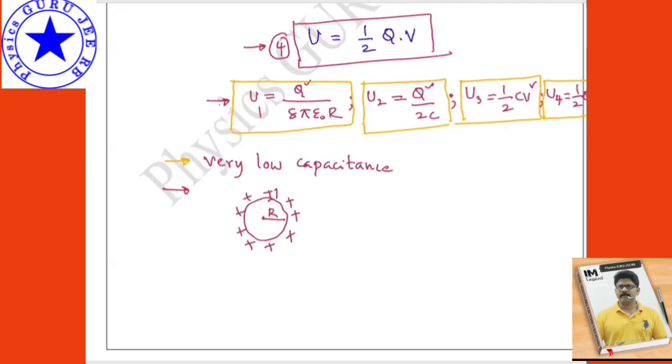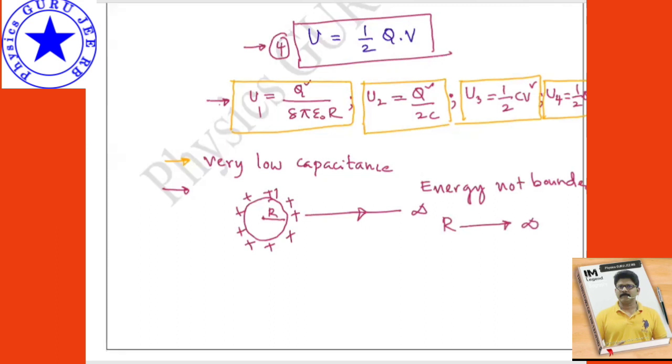So energy is distributed up to infinite distance. Energy is not bounded here. Energy is distributed from radius to infinity.